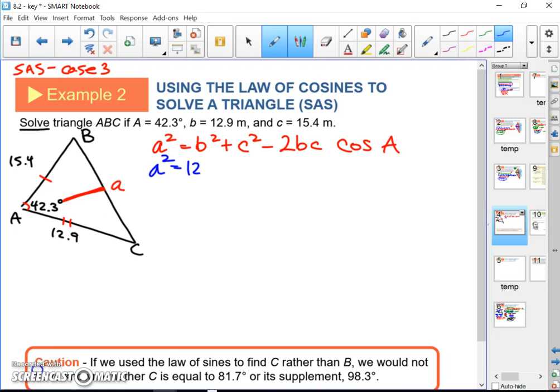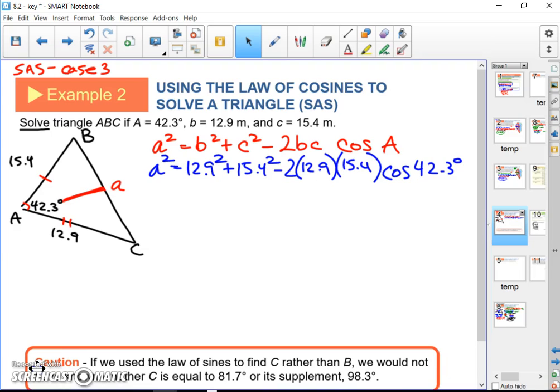B is 12.9, C is 15.4, and angle A was 42.3 degrees.